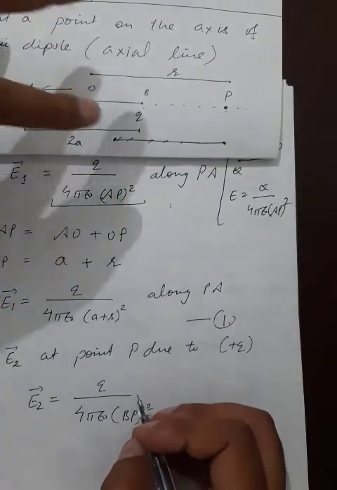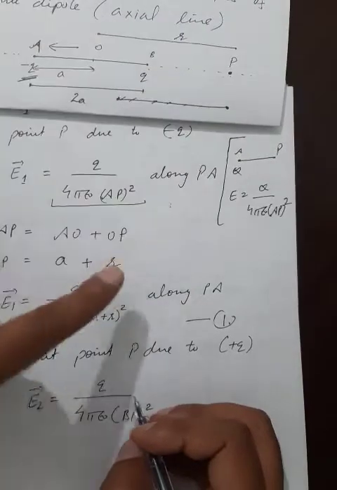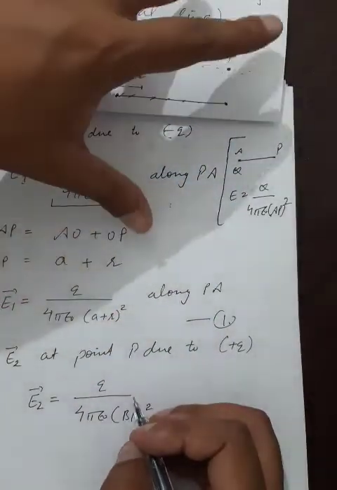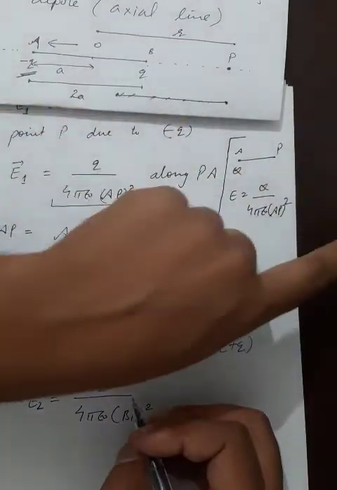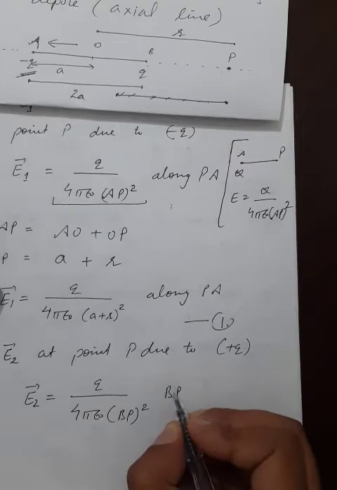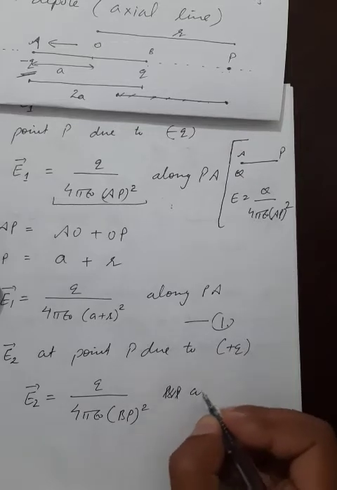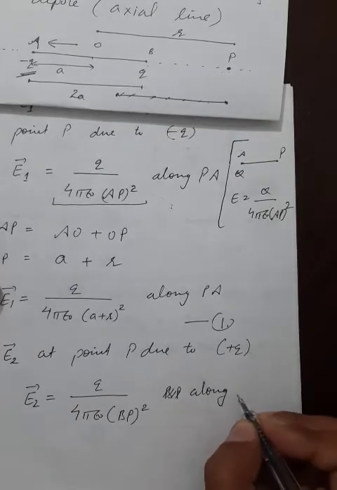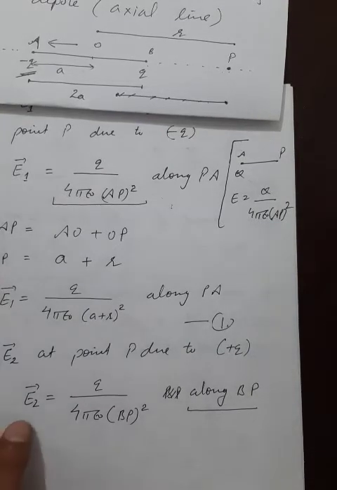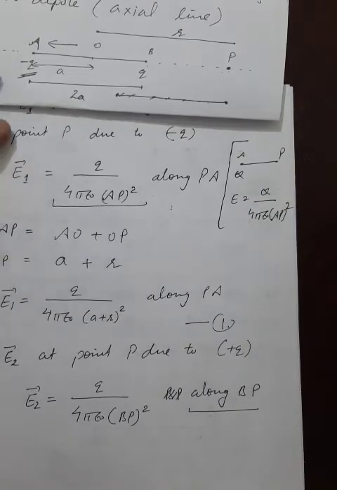For the negative charge it is toward the charge, therefore we write AP from P to A, and for positive charge it is away from charge, so we will write from B to P, not P to B, along BP. So as here is a vector, so we have to mention direction here.